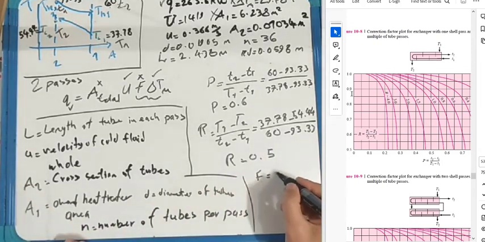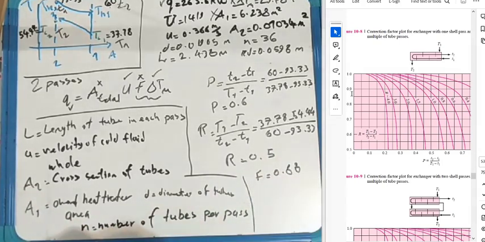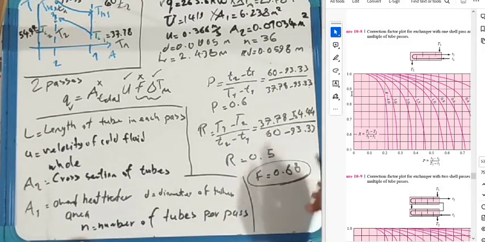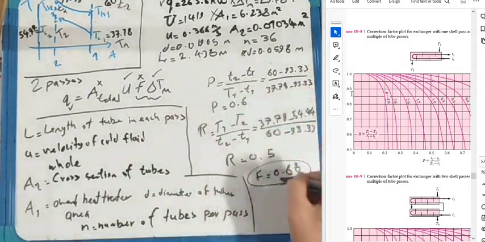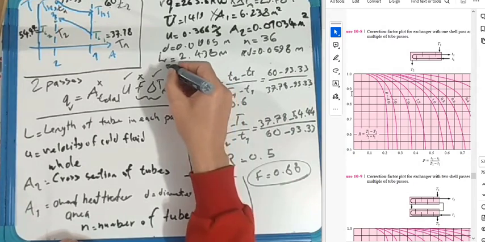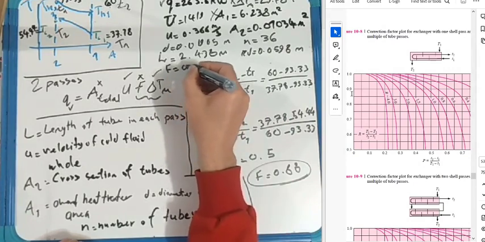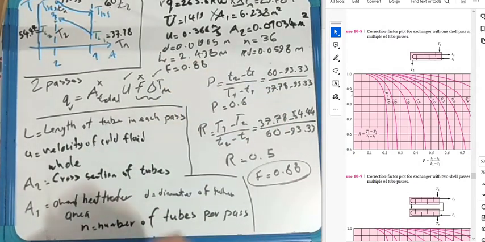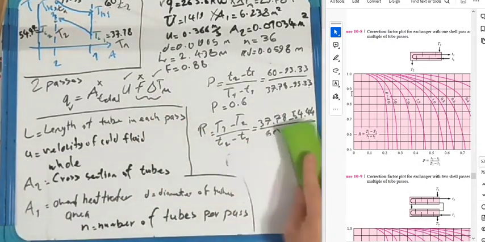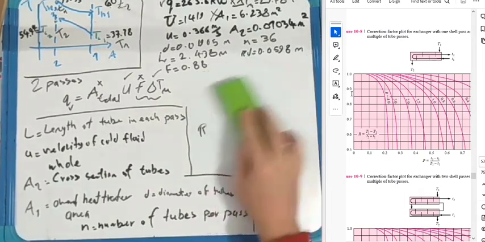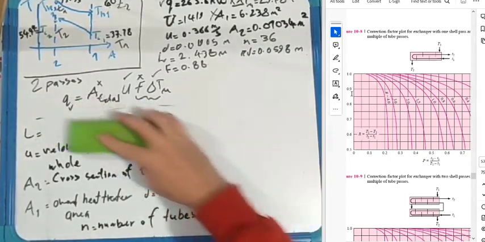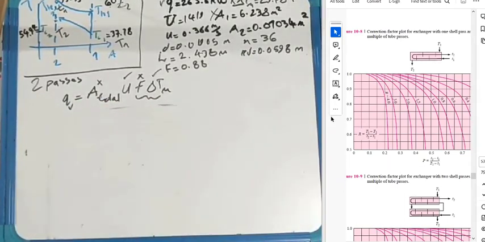Our F would be 0.88, okay? I need this F. I will write it, 0.88. I should multiply by delta Tm.